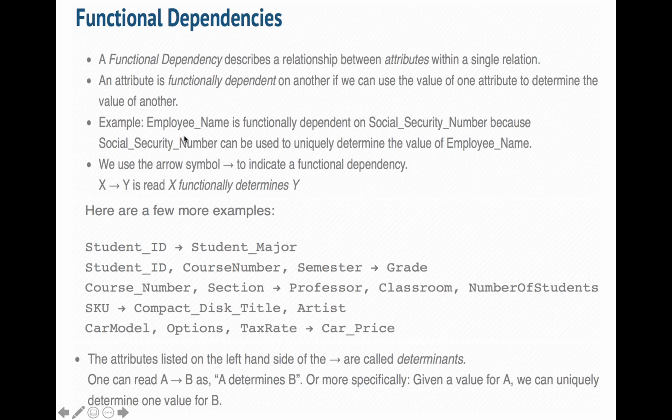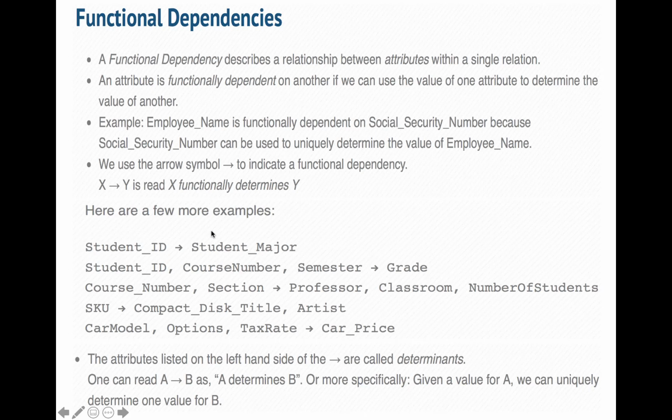For example, you figure out that one attribute depends on another attribute. If you can use the value of one attribute to determine the value of another, this is called functional dependency. So I'm going to say that I can get the student major from student ID.